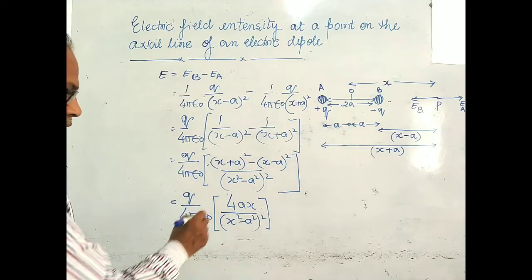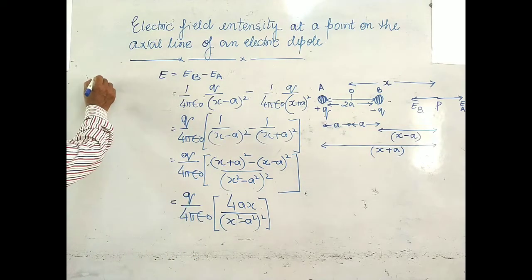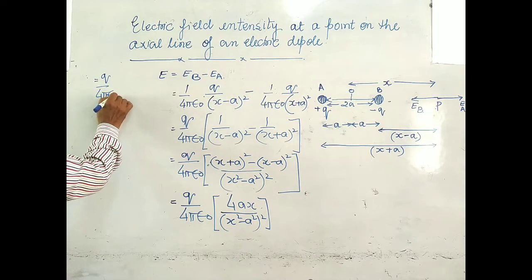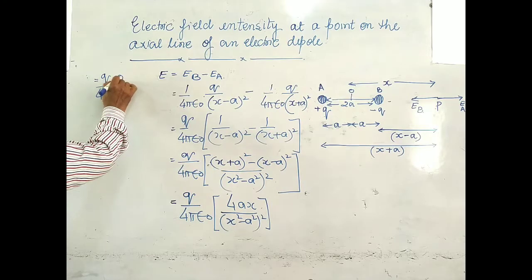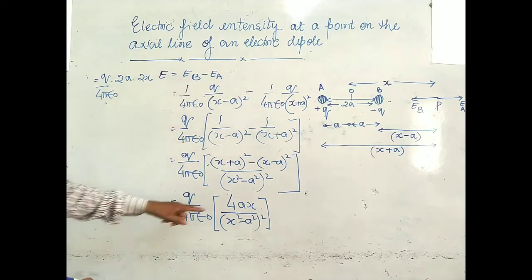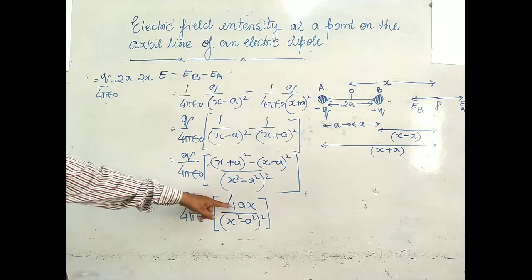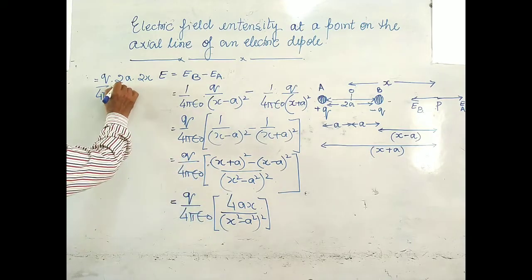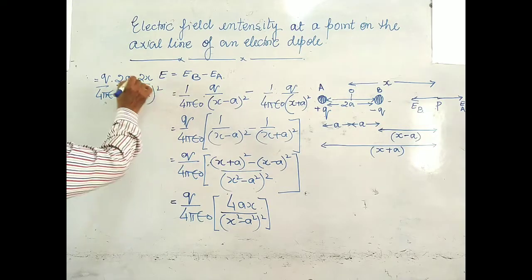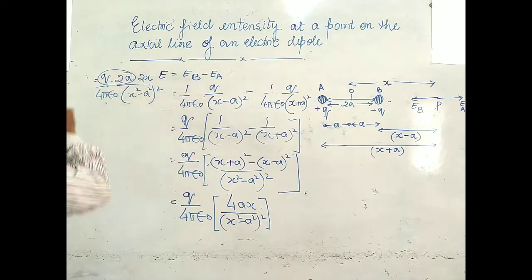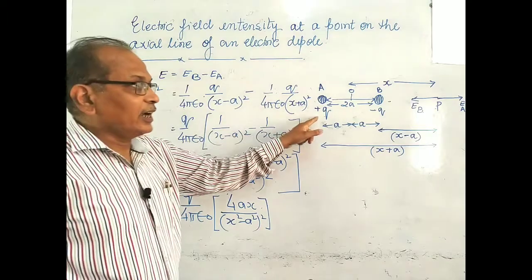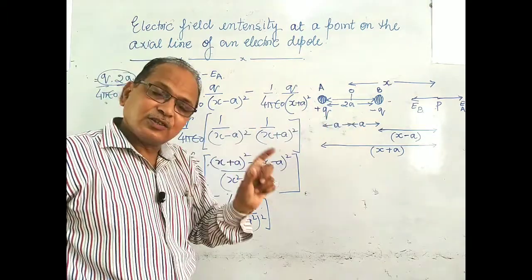Now you can write this expression as q upon 4 pi epsilon naught, 2a into 2x, that is 4ax, upon x square minus a square whole square. This term is what? Charge into the distance between them, either charge of the two and the distance between them.